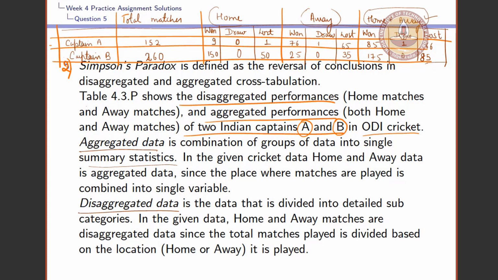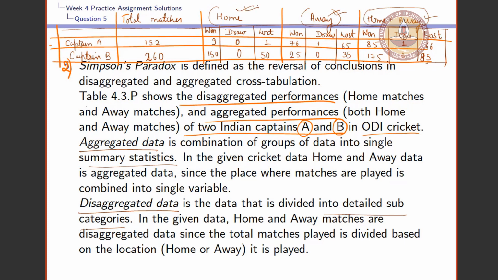Disaggregated data is the data that is divided into detailed subcategories. So what is disaggregated data? Disaggregated data is the information that you collect from multiple sources or individuals. So in this given data, our disaggregated data is home and away matches.